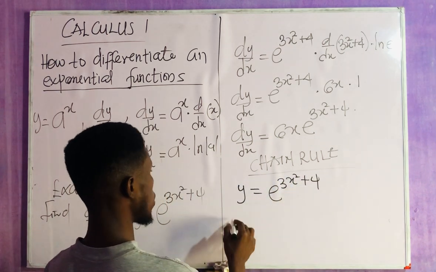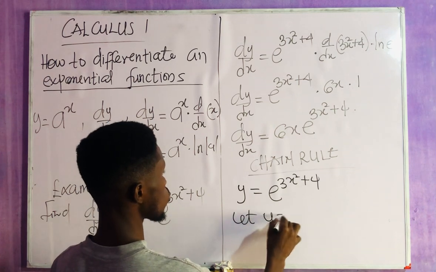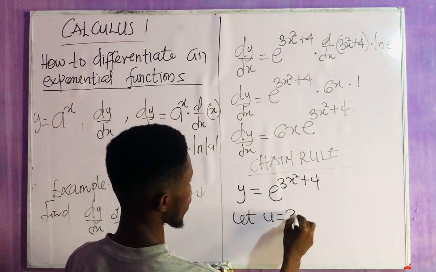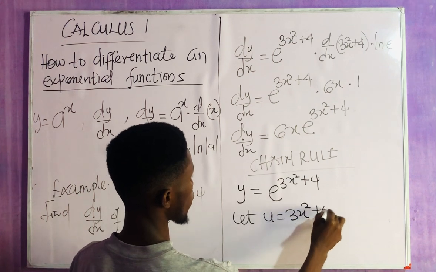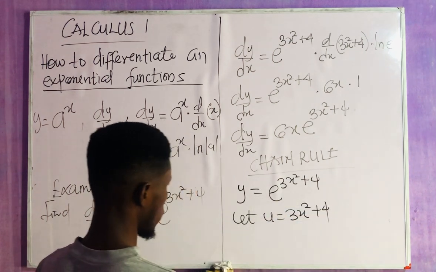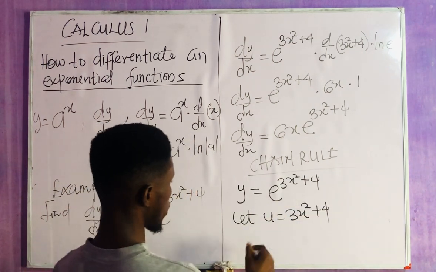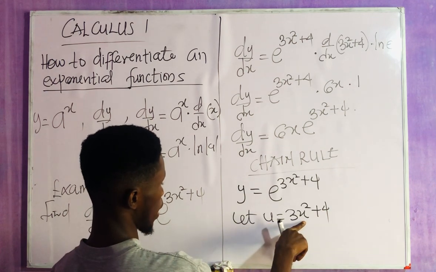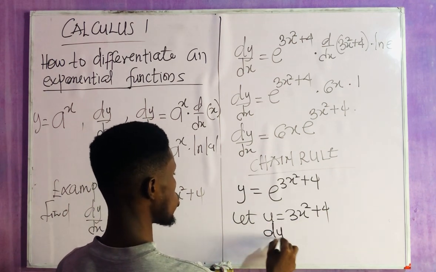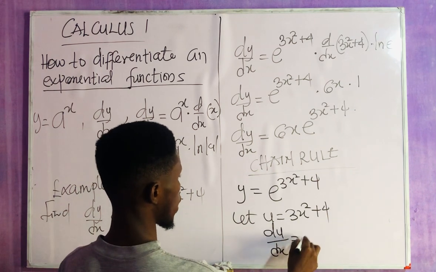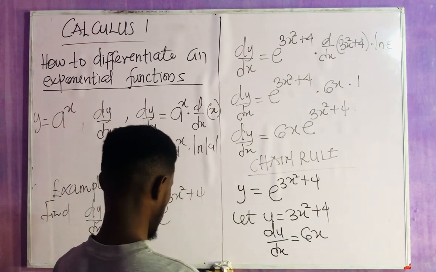The first thing to do is let u be equal to the power, which is 3x squared plus 4. Now we differentiate this one. Now this u becomes the dependent and the x is independent. So we get du dx, and that will give you 6x.